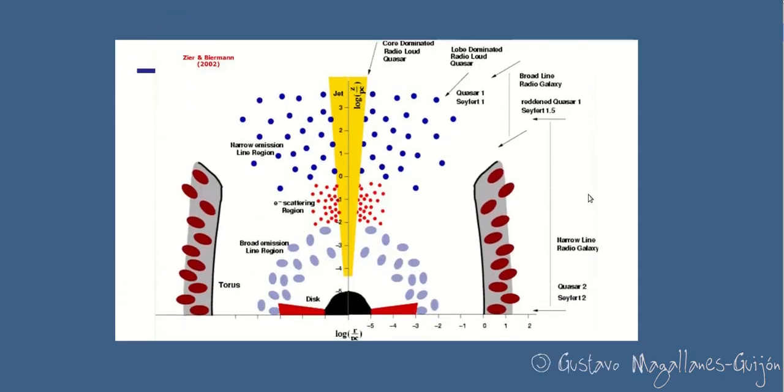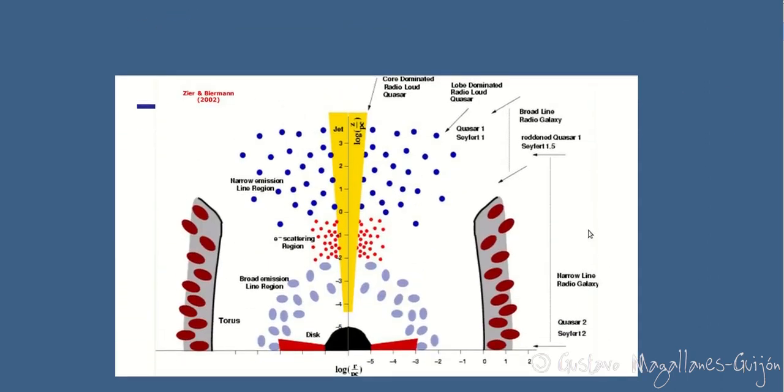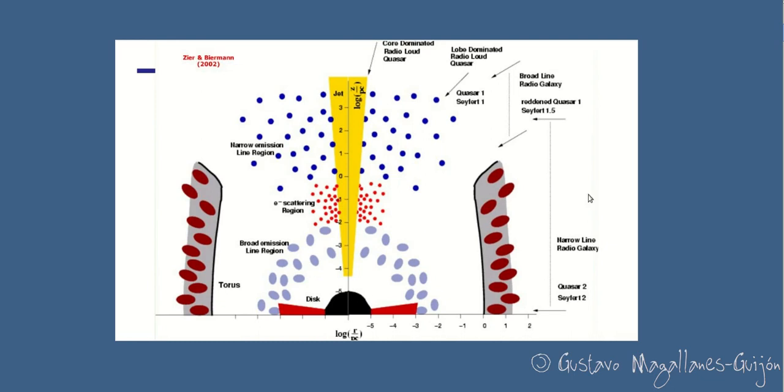This is an active galactic nucleus, and this object has a torus. This is the torus, at more or less a distance of 1 parsec from the central black hole.